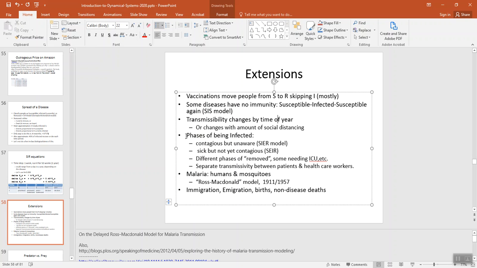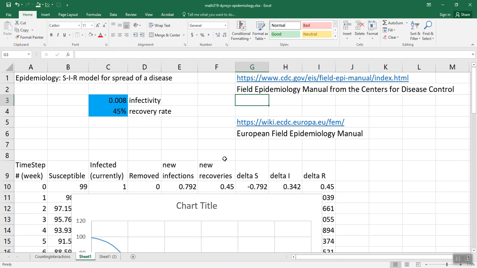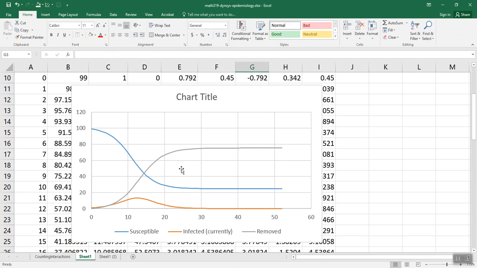You can have different phases of being infected, as we're hearing now with the coronavirus, where you can be contagious and spreading it, but be unaware that you are and still mixing with people accidentally. Or you could be sick but not yet contagious. That's maybe not quite so worrisome. What we're really seeing with the coronavirus issue is that this number of currently infected people is too broad of a measure. You have to think about how many people need hospital treatment.